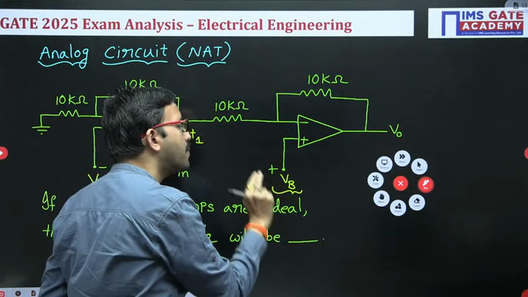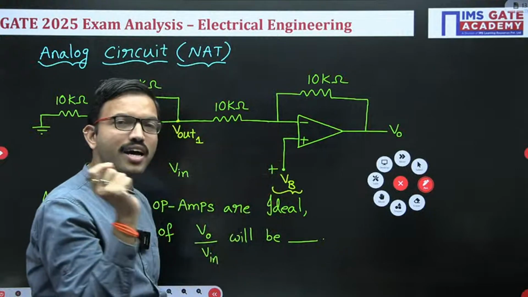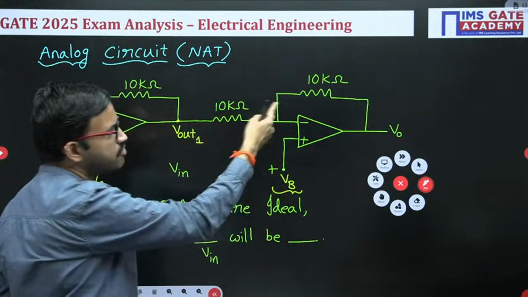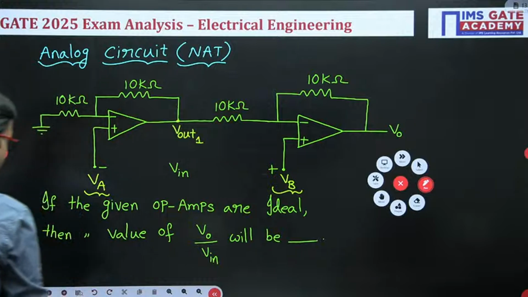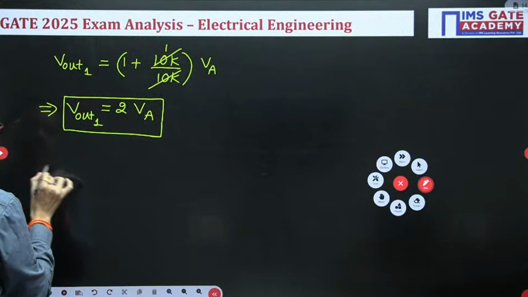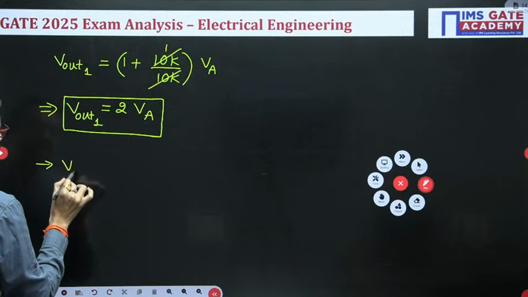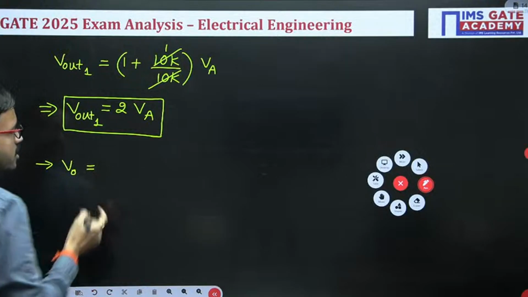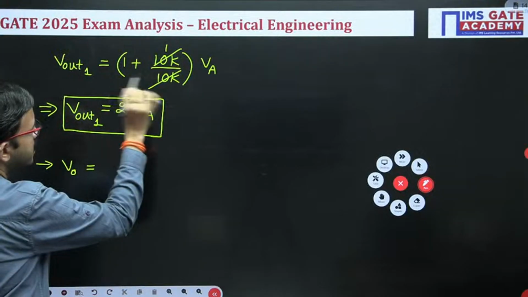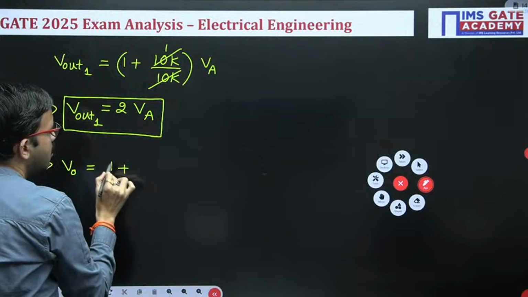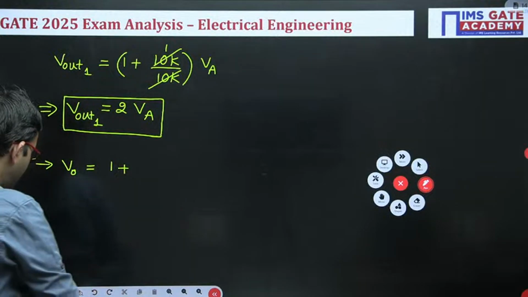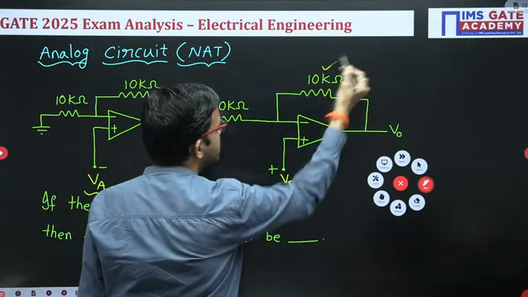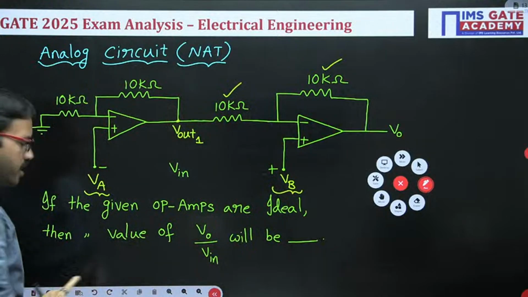Now, with that understanding, first let us consider this particular voltage. That means we are applying this voltage at the positive terminal, or non-inverting terminal. So once again, formula-wise the same. Here the second stage output, that is V0, equals exactly the similar formula, 1 plus feedback resistance divided by input resistance. Here also the feedback resistance is 10K and the input resistance is 10K.